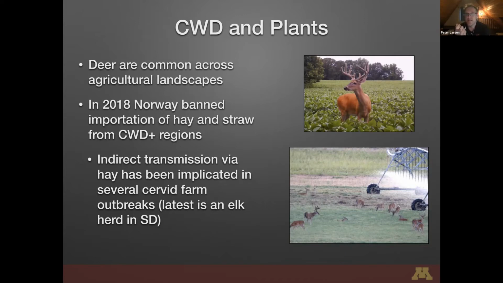Recently, there was a case out of South Dakota of an elk farm that went positive, and they did all the trace outs, and they really tried to figure out, as with any farm that goes positive, South Dakota's equivalent of the Board of Animal Health went there and tried to understand how this went positive.